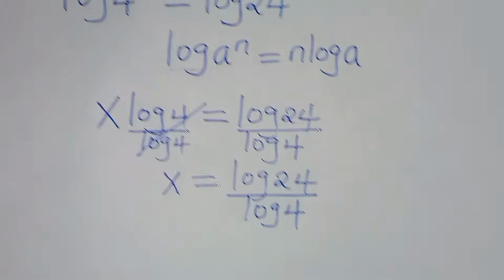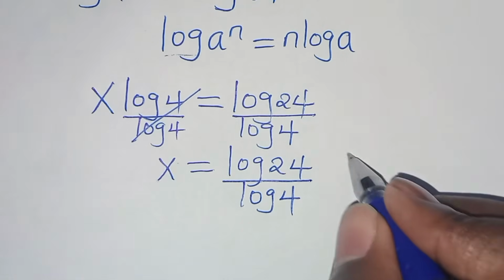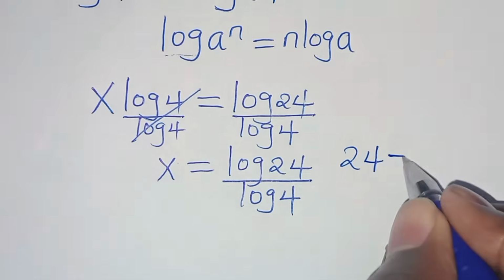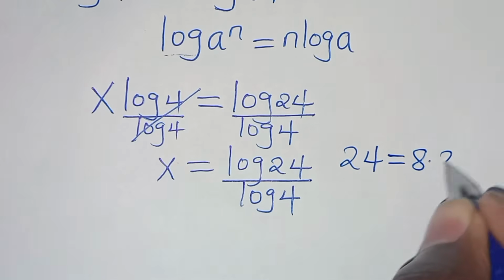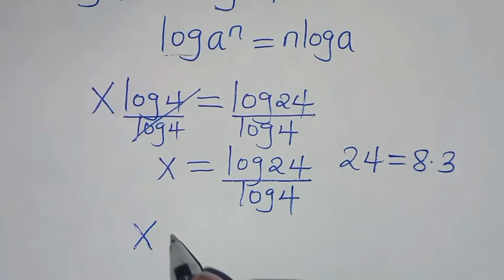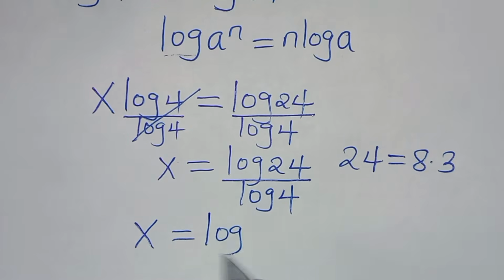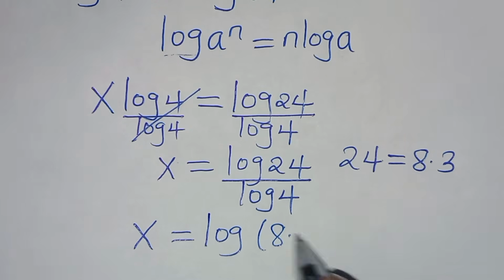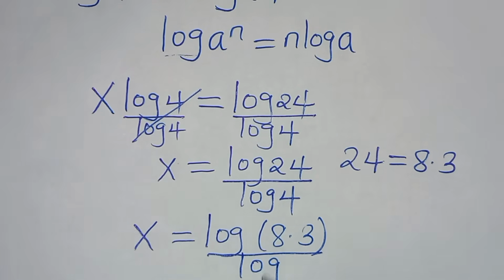Now, the next step from here, we can express 24 as 8 times 3. Substituting this, we'll have that x is equal to log of 8 times 3 divided by log 4.